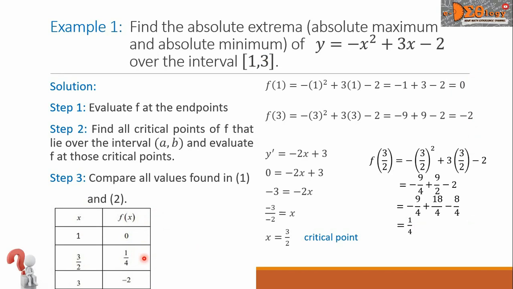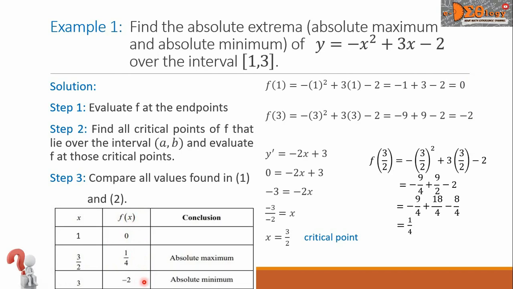Now, let us compare the values of the second column. Which one is the largest? Which one is the smallest? We can see here that the largest is the 1 over 4, and the smallest is the negative 2. So we write here that this 1 over 4 is the absolute maximum, and the negative 2 is the absolute minimum.